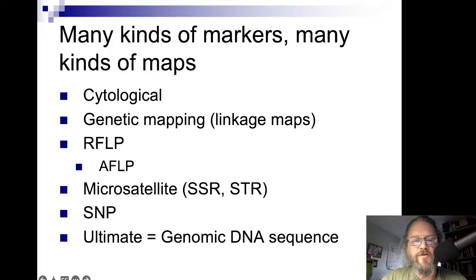So RFLPs are not particularly dense maps, but this is a way of increasing the density by sequencing and generating probes. Okay, so then the other kinds of maps, and so instead of mapping, say genes, you can map other DNA elements, and so simple repeats or microsatellites, those are opportunities.